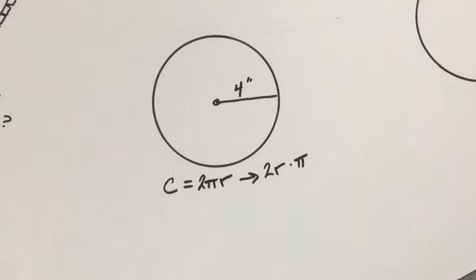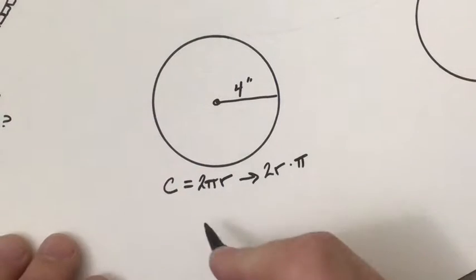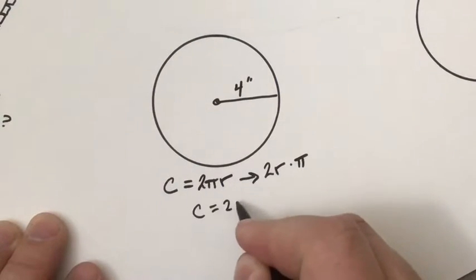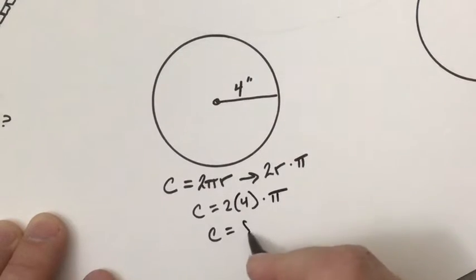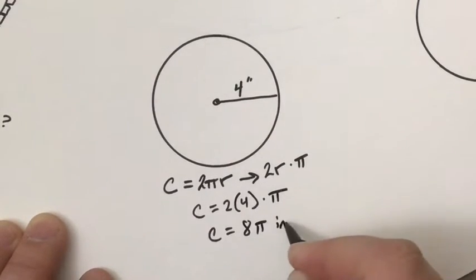You're going to have exact, precise answers that are not rounded. They're going to be incomplete because the pi has not been multiplied in, but that's okay. We would rather have exact answers that are not rounded than rounded decimals for this chapter. So for this problem, circumference equals 2 times 4 times pi, or 8 pi inches.